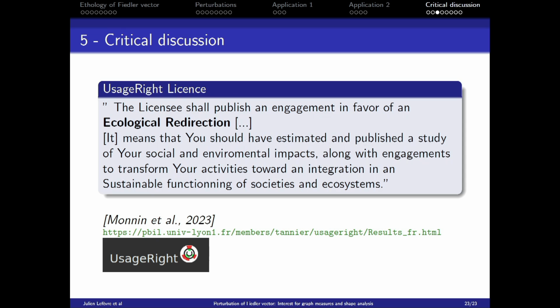Alexandre Monin and Eric Tanier at INRIA have proposed this usage right license, and I have used this license for this work and for the code. So if you want to use this work, you have to comply with policies regarding ecological redirections. I think this is a very interesting initiative, and if you are interested, you can look at the webpage of Eric Tanier.